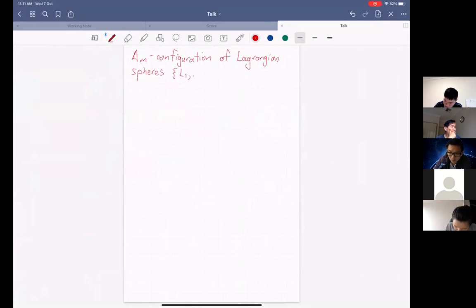An A_n configuration is just what you should think of as the Dynkin diagram. So they don't have intersection when they are far, and the intersection is 1 if they are adjacent.